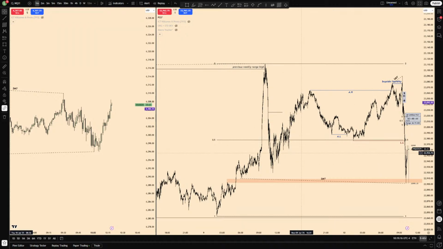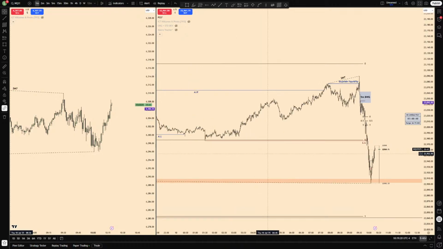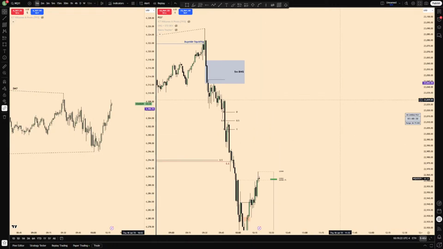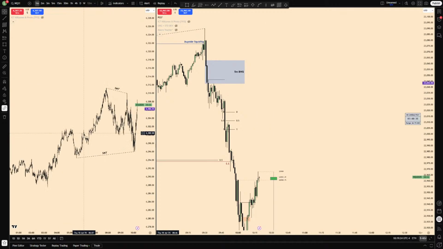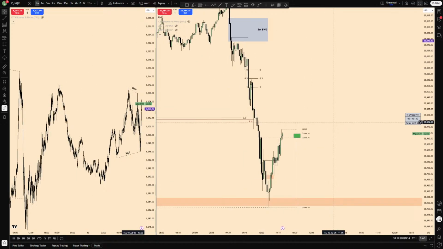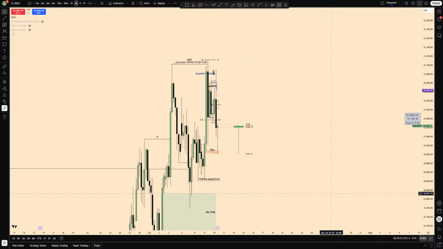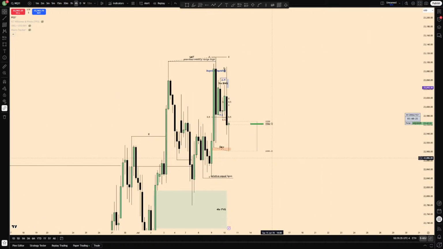So we made our way into that 50-minute gap. Let's see if we can get some structure inside here to validate a short. The 4-hour candle doesn't look very good.